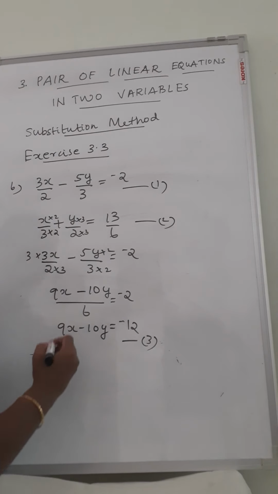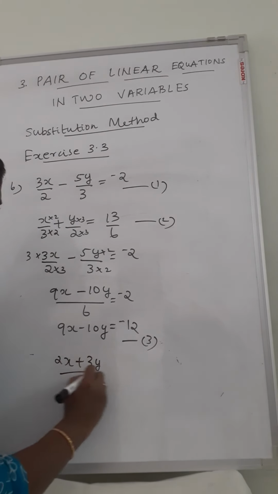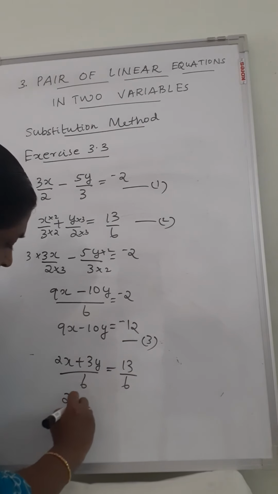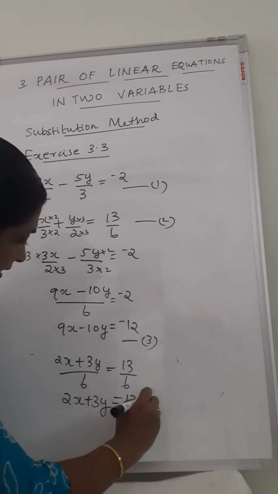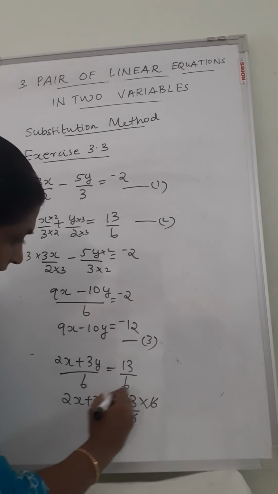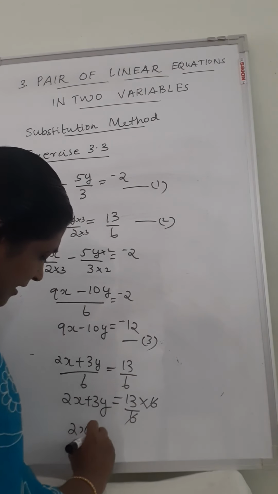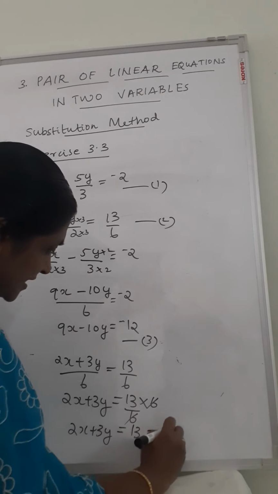That is, second equation becomes 2x plus 3y by 6 is equal to 13 by 6. That is 2x plus 3y is equal to 13 by 6 into 6. The second equation becomes 2x plus 3y is equal to 13. That is equation number 4.